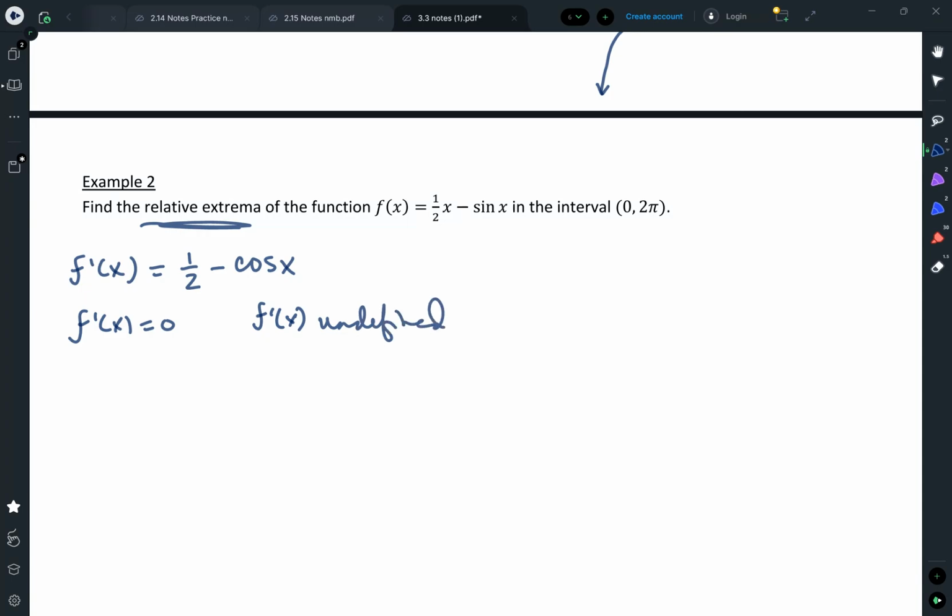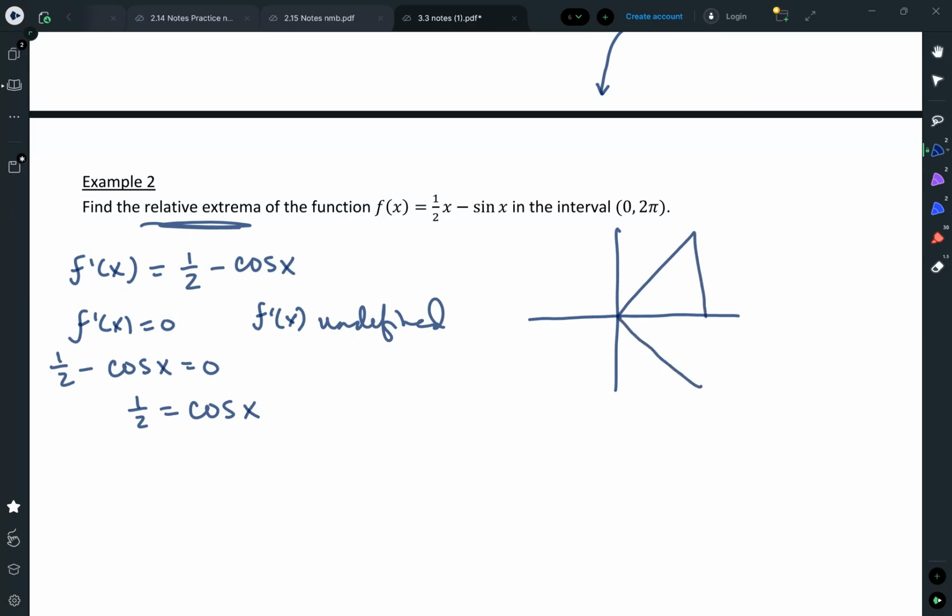So if I'm thinking equal to 0, I have 1/2 minus cosine x equals 0, which means 1/2 equals cosine x. So lots of different places where the cosine's 1/2. So if I'm thinking about my right triangle trig kinds of stuff, my cosine is my x over r. So I could make my x side 1, my r side 2.